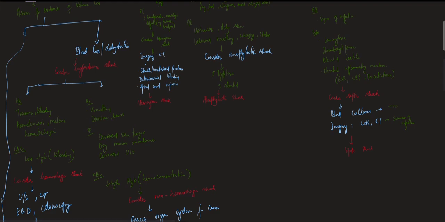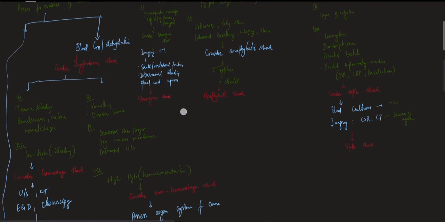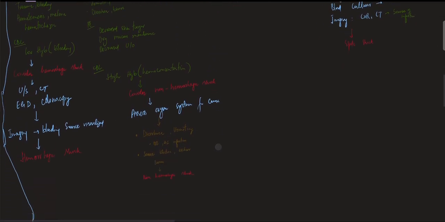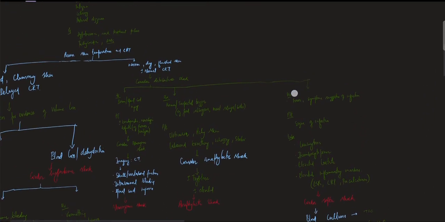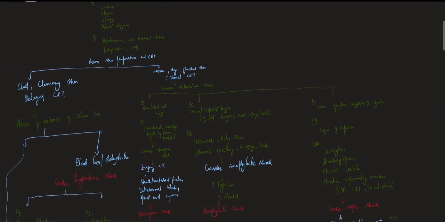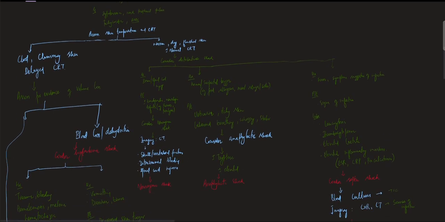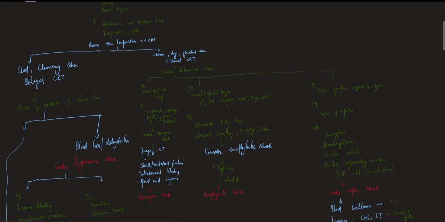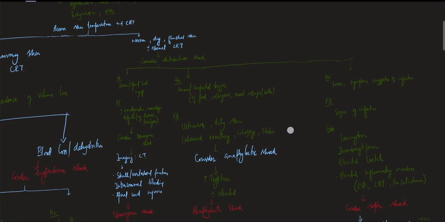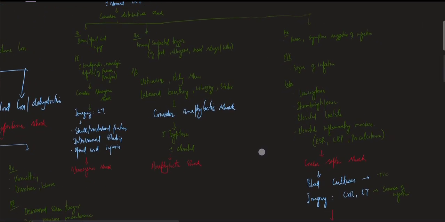Here, blood loss or dehydration, we can consider hypovolemic shock. There we consider hemorrhagic shock and non-hemorrhagic shock. And these are the cold, clammy skin, delayed CRT. If warm, dry, flushed skin and normal CRT, we will be looking for the neurogenic shock.